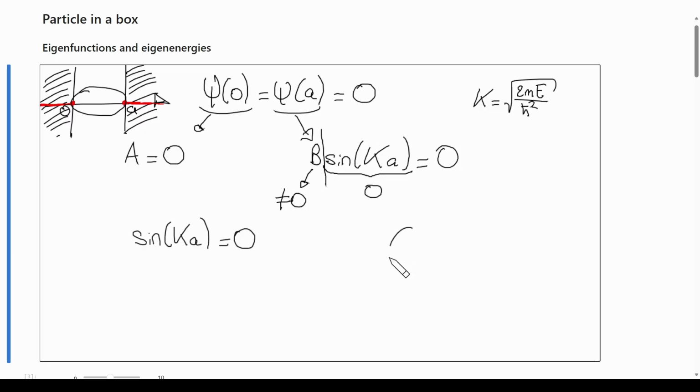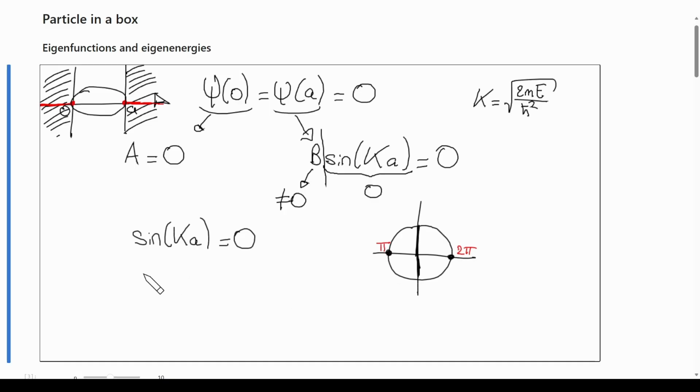So if you remember the trigonometric circle, the sine is on this axis and it's 0 whenever we are either here or here. So this means that either we do some number of full turns, some number times 2 pi, or we do some number times pi.